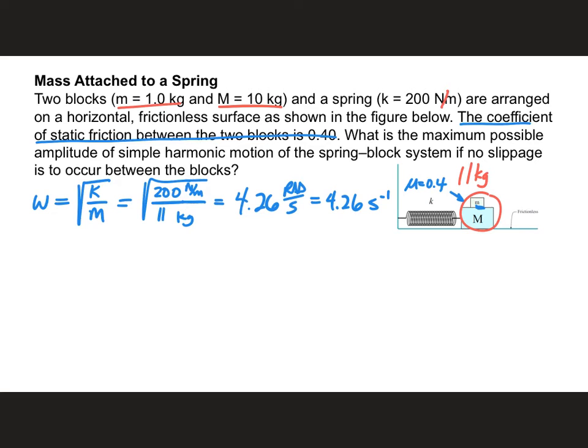So now there is the friction between the blocks.